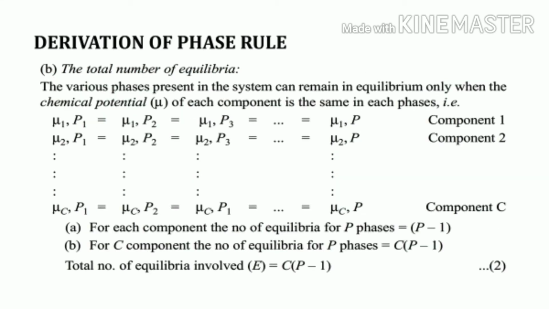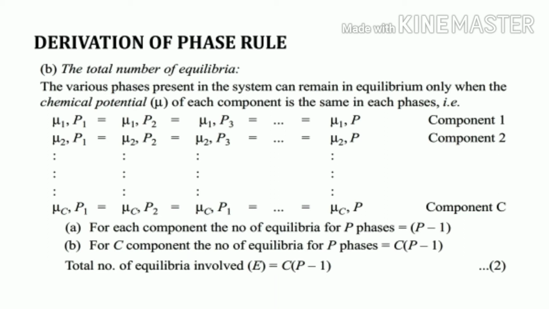Then we will see what the total number of equilibria equations is. The various phases present in the system can remain in equilibrium only when the chemical potential, denoted by mu, of each component is the same in each phase. Therefore, mu1 p1 is equal to mu1 p2 is equal to mu1 p3 up to mu1 p, which are all equal for component 1.